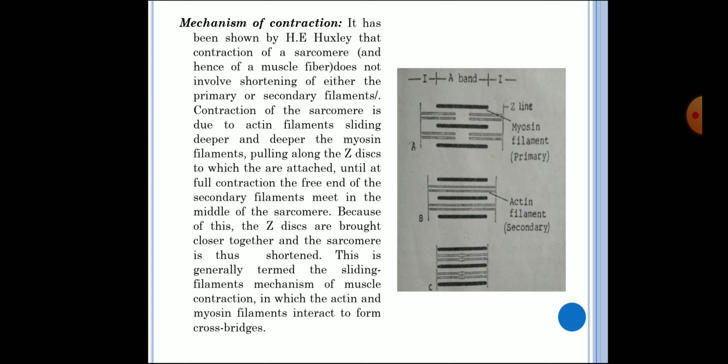Because of this, the Z discs are brought closer together and the sarcomere is thus shortened. This is generally termed the sliding filament mechanism of muscle contraction, in which the actin and myosin filaments interact to form cross bridges, which are seen in the figure.